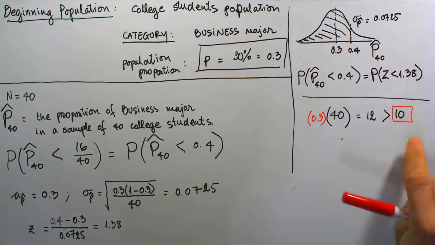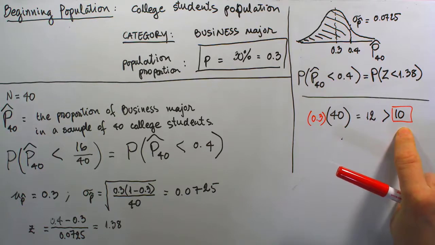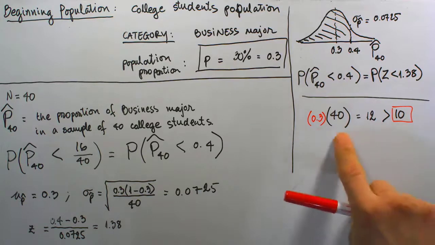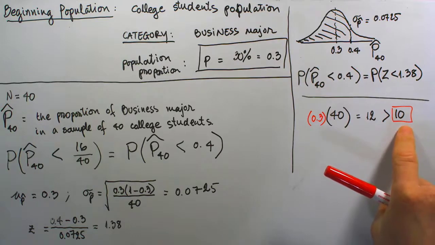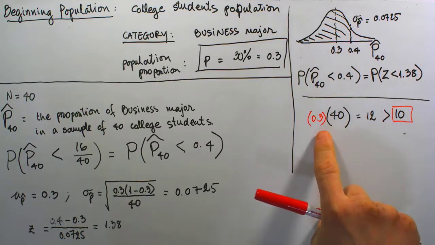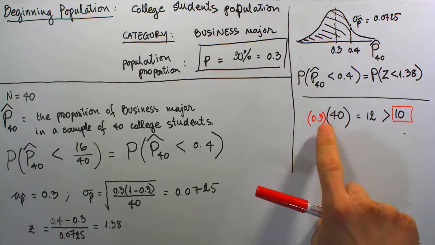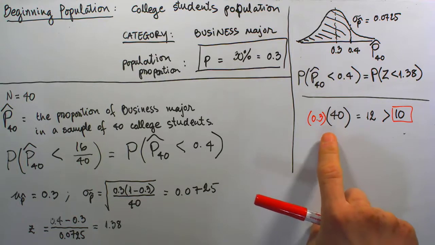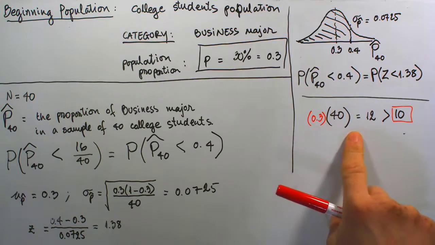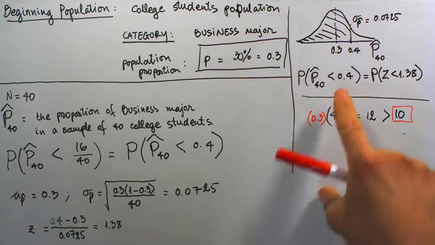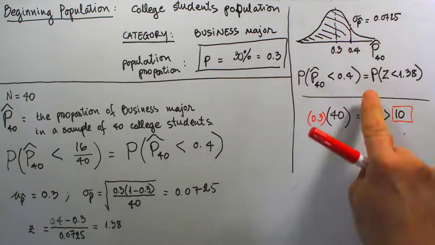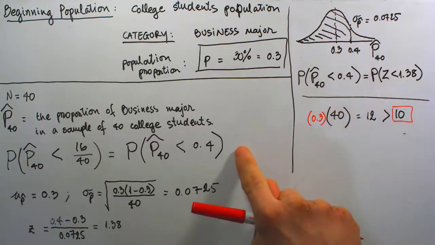In a more advanced course, anyone learning will get a chance to understand where this 10 comes from, and to see detailed explanations about the theorem I was stating. But now I'm introducing a way to verify, a way to decide whether we can use the bell curve to solve the problem, to find this probability.